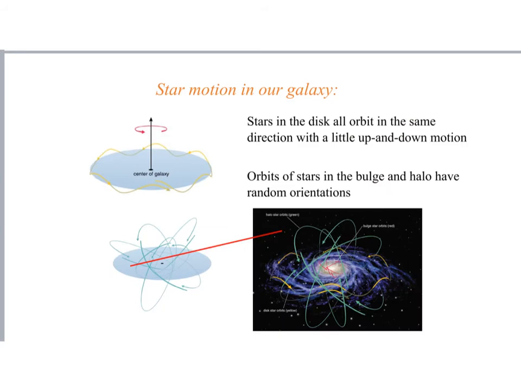How do the stars move in our galaxy? There are quite a few different types of motion. First of all, stars in the disk orbit all in the same direction. Basically, the disk of the galaxy rotates around its center, around its axis of rotation, with the only little exception that they have a little bobbing up and down.